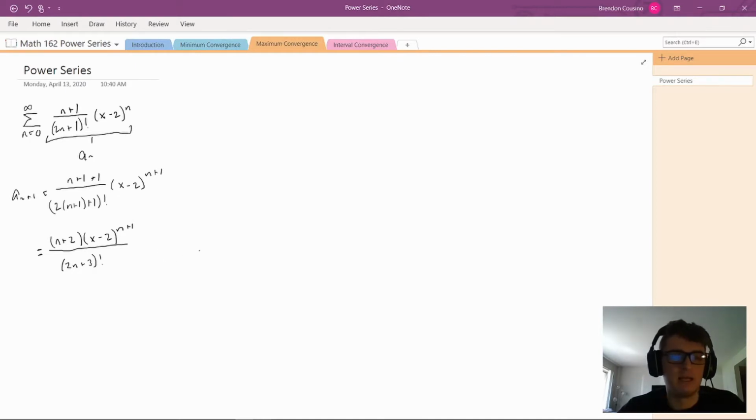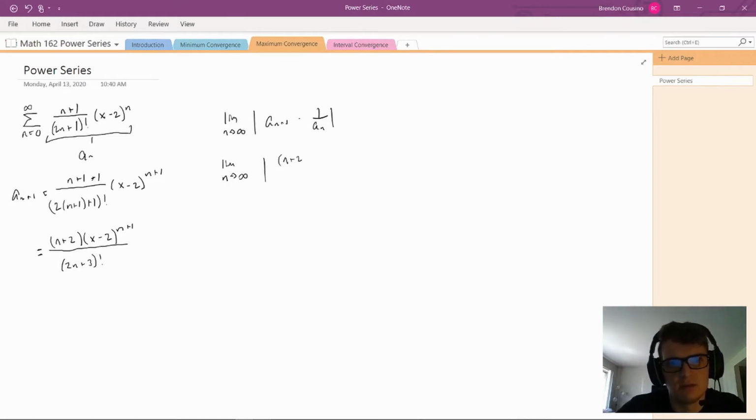Okay, so now let's go ahead and start the ratio test. We're going to do the limit as n approaches infinity of the absolute value of a of n plus 1 multiplied by 1 over a of n. So this is going to be the limit as n approaches infinity of a of n plus 1, the term we just simplified.